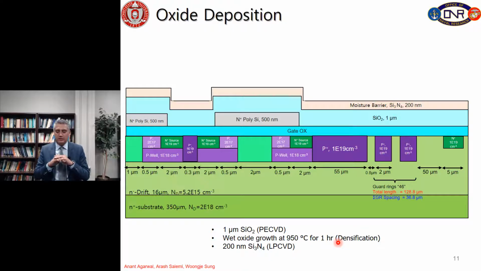Again, we are not actually growing any oxide; the growth rate is negligible. We are just densifying the oxide that we have deposited in order to have a better quality. And over the silicon dioxide, we are depositing 200 nanometer silicon nitride by LPCVD in order to have a suitable moisture barrier.